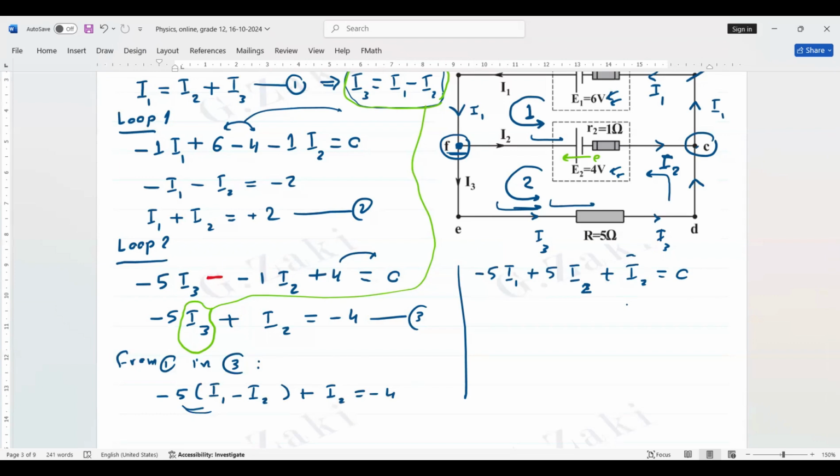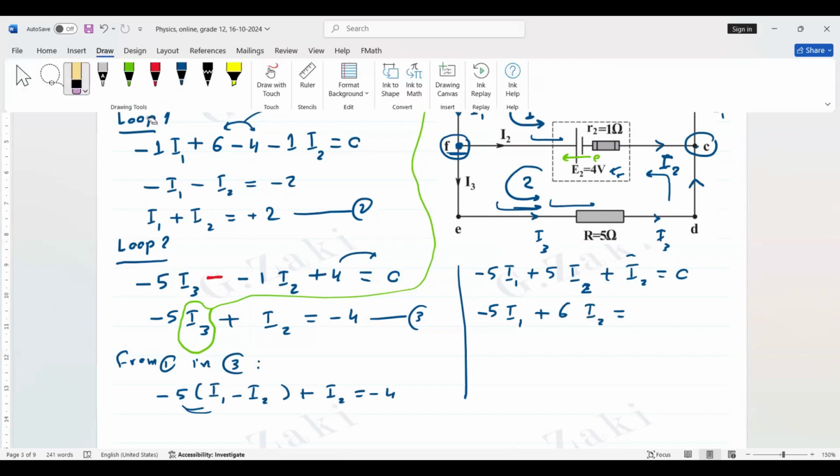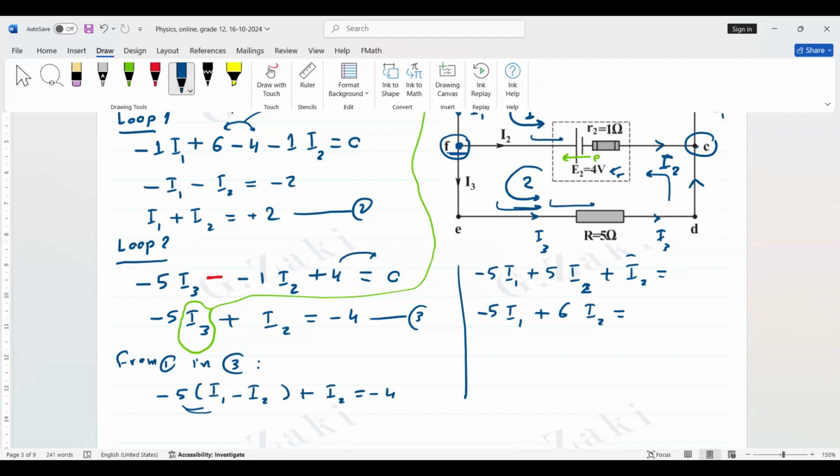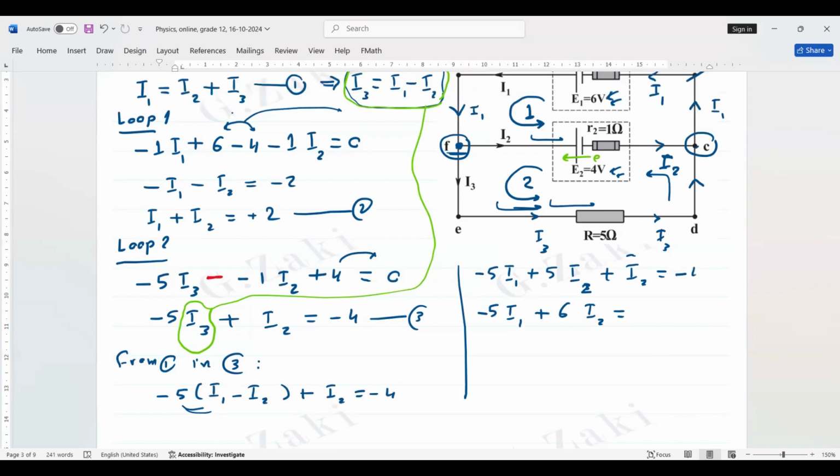Negative 5 times negative I2 is positive 5 I2, plus I2. Okay, simplify: negative 5 I1, positive 5 plus 1, positive 6, so plus 6 I2 equals, not 0, negative 4. It's negative 4.